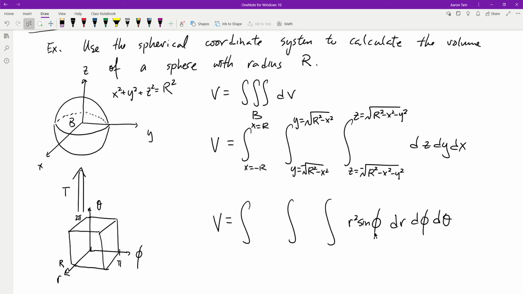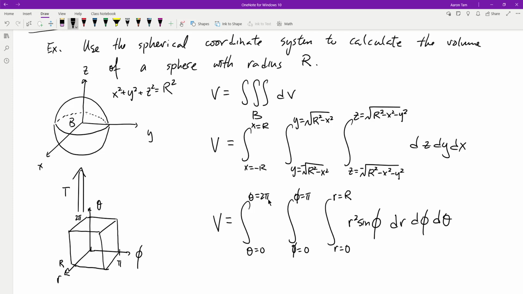I don't have to change the integrand because there's no integrand to change. Now I can set my limits. r will go from 0 to capital R. Phi would go from 0 to pi. And theta will go from 0 to 2 pi.